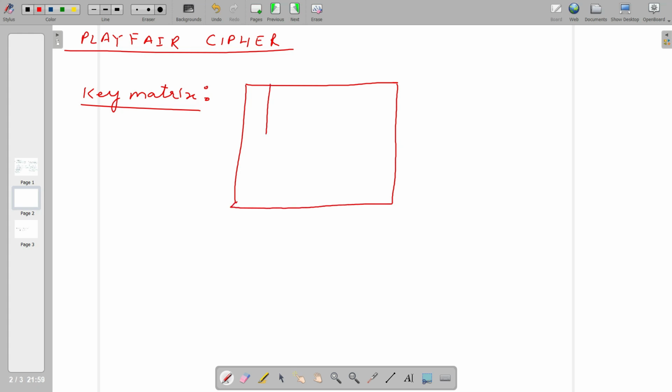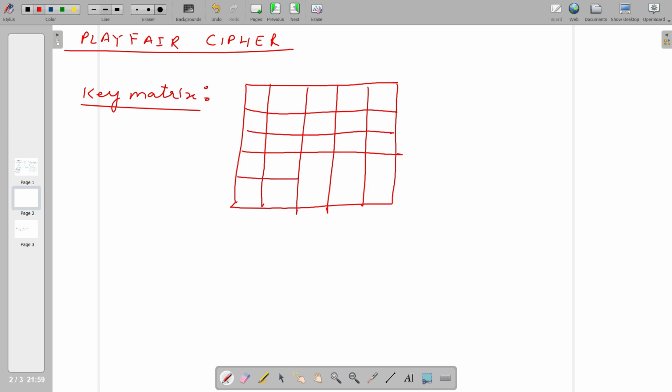Okay, so let me write a 5 into 5 matrix here. So let's say this is our 5 into 5 matrix. How are we going to fill this matrix and how are we going to encrypt and decrypt using this matrix? So now we will have a key.